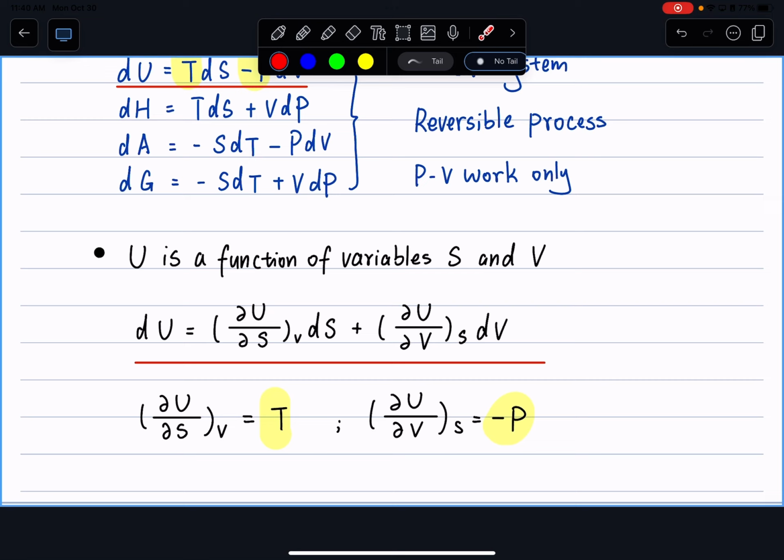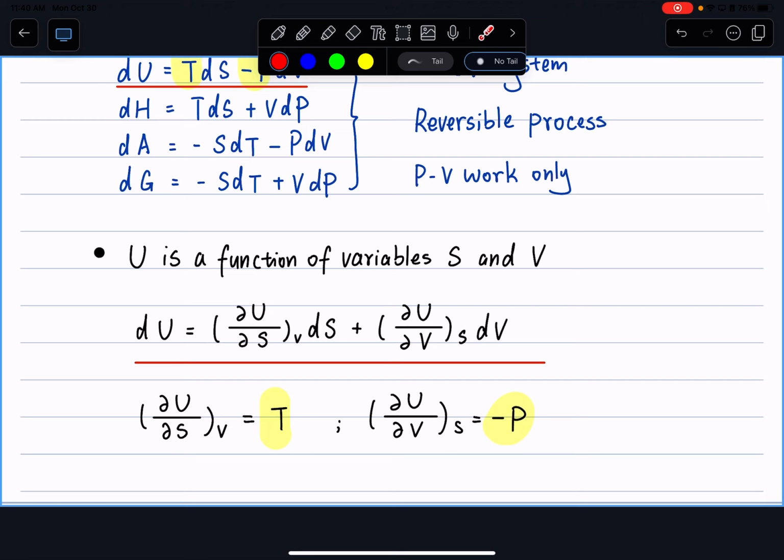Now do the same for our enthalpy. We have dH as a function of S and P. So dH equals the partial derivative of H over S at constant P, dS, plus the partial derivative of H over P at constant S, dP.